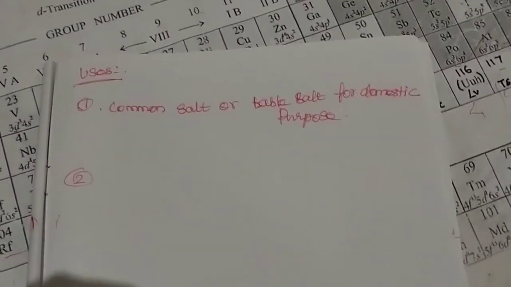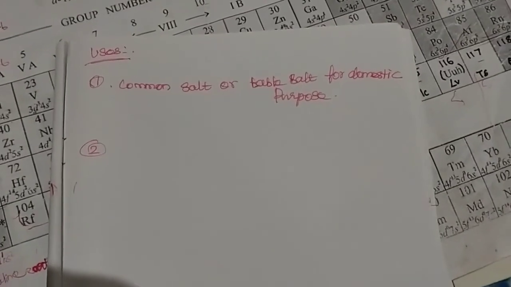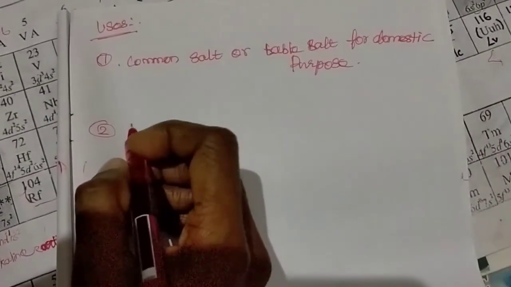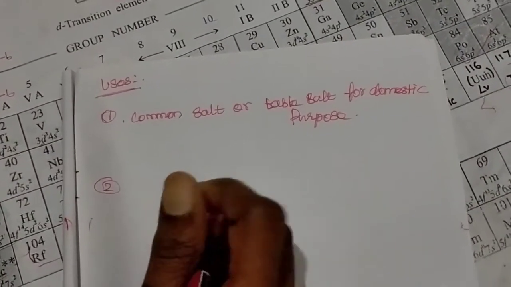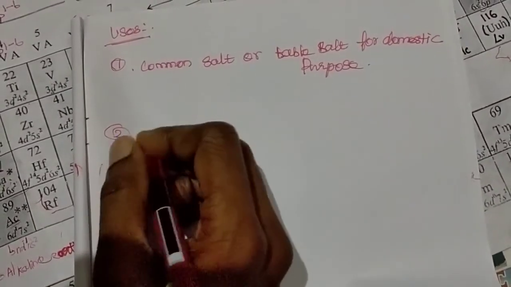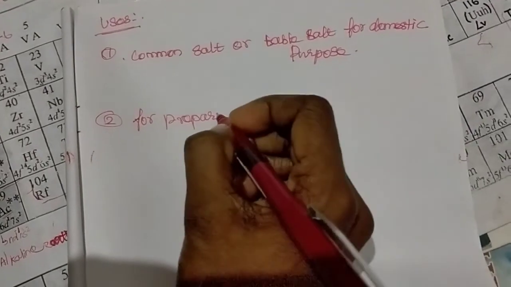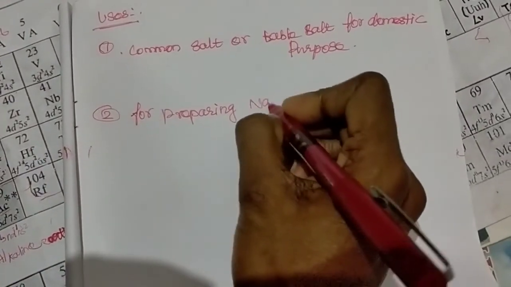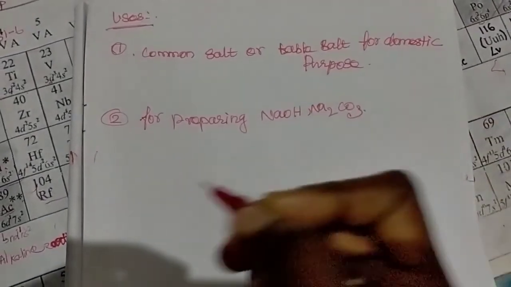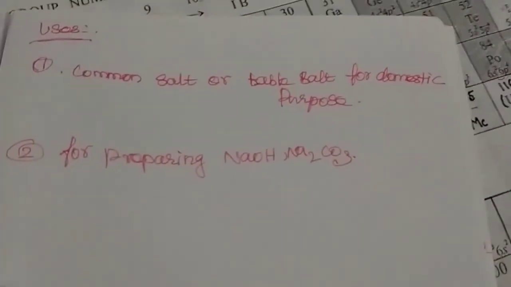In the last step of the Solvay process, we use sodium chloride to prepare sodium carbonate. So these are all the uses of this common salt, sodium chloride.